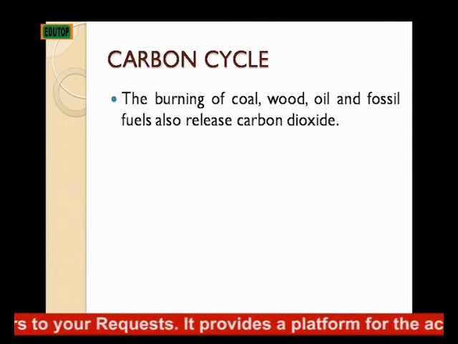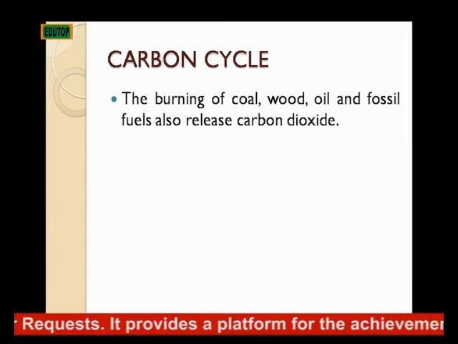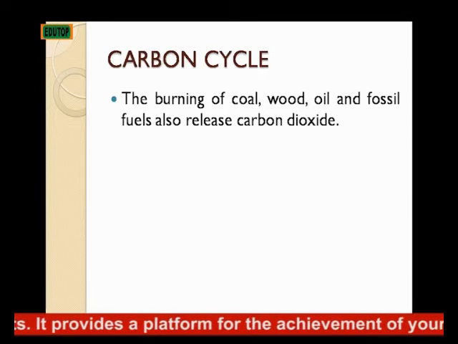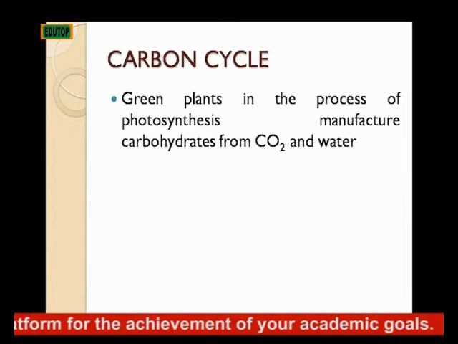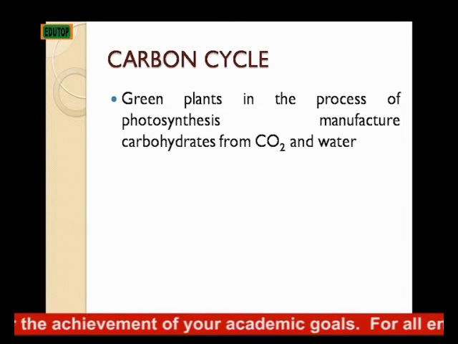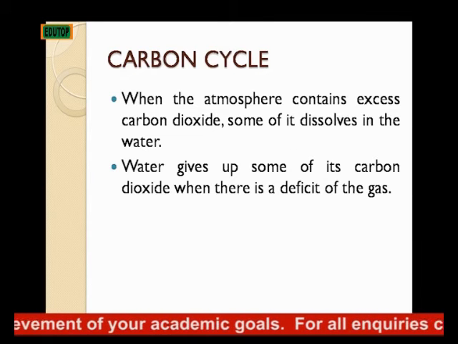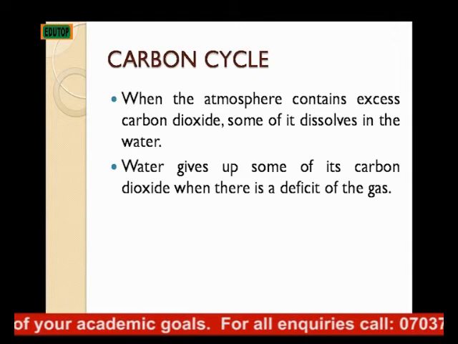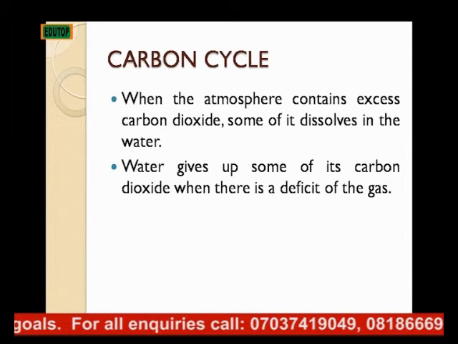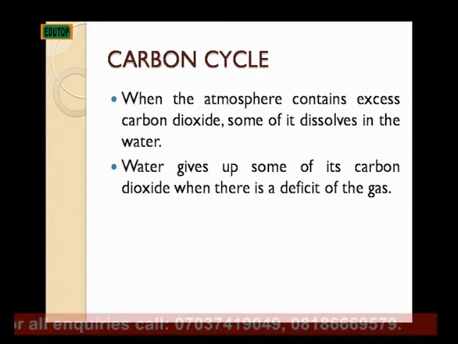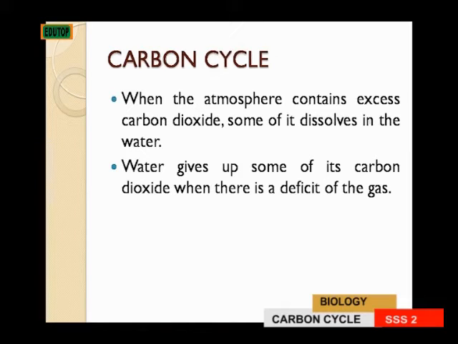The burning of coal, wood, oil and fossil fuel releases carbon dioxide. Then green plants, in the process of photosynthesis, manufacture carbohydrates from carbon dioxide and water. Then when the atmosphere contains excess carbon dioxide, some of it is dissolved in the water. Then the water gives up some of its carbon dioxide when there is a deficit of CO2 in the atmosphere.